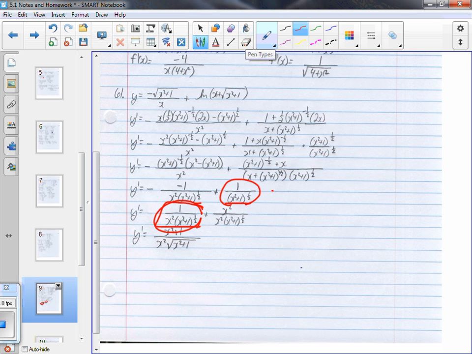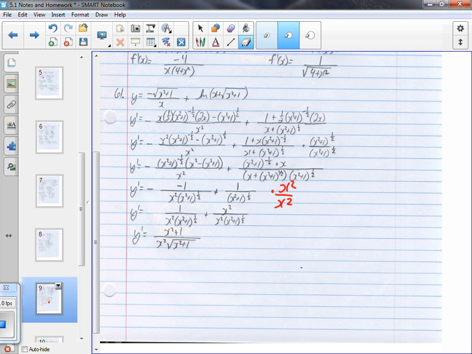So I multiply by x squared over x squared to get x squared over x squared times x squared plus 1 to the 1/2. Now we have the exact same denominator for each fraction, and you can combine the numerators over your common denominator. Oh, so that was easier than I thought it was going to be.